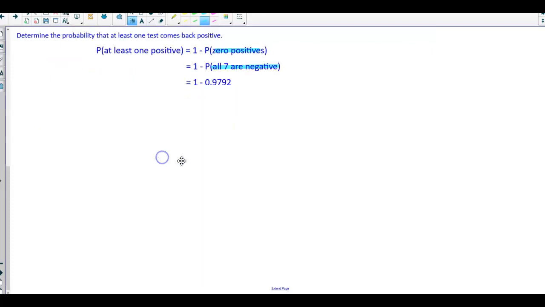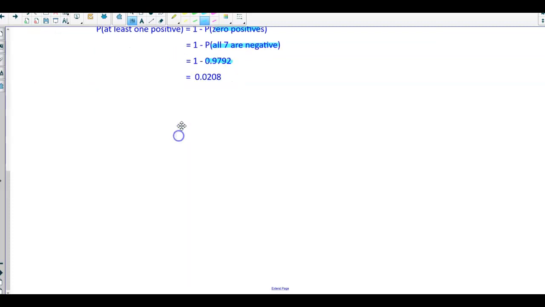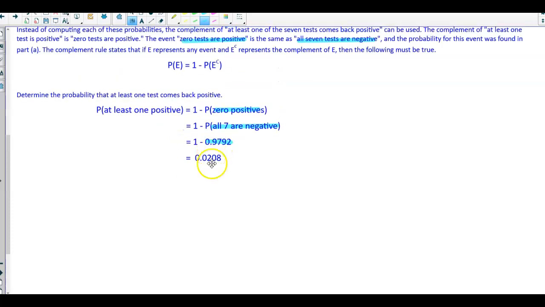So we take 1 and subtract what we got in that previous example, 0.9792, and we get the following. The probability is 0.0208. So the probability of at least one positive is 0.0208.